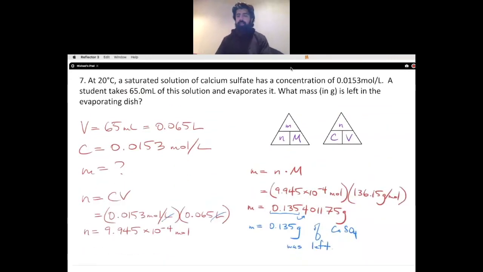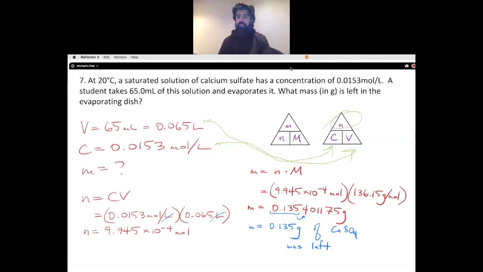Second one works the exact same way as we did in the sample problem 6. Okay, this time we're given our V and we're given our C value. But the question asks, what mass? So right now we're given this information. So we've got our V here. This V fits in here. This C value fits in here.